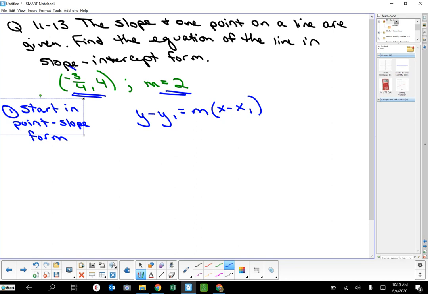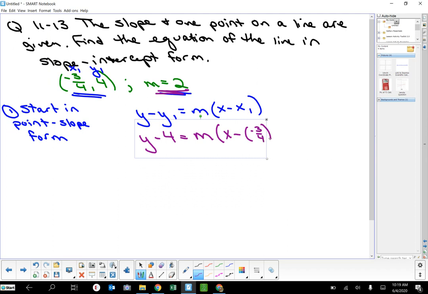Recall that the point given is x sub 1, y sub 1, and you already know your slope. So let's just plug some stuff in here. So we have y minus y1, y minus y1 is 4, equals m is 2, right? It's right here. And then x minus x1 is a -3/4. So make sure that you either put in a +3/4 or minus a negative.